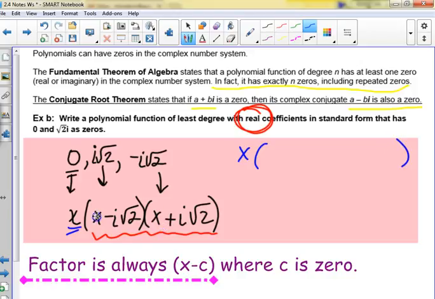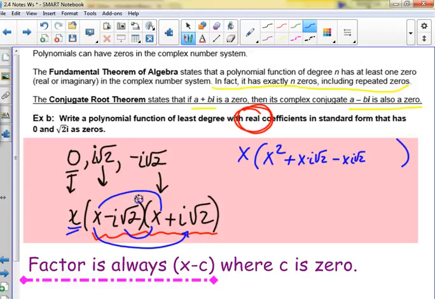What do we have here? x times x is x squared. x times i square root of 2 would be x times i square root of 2. This right here is going to be, it's the whole thing with conjugates. What's going to happen? Minus x i square root of 2. Yes, those are going to cancel out.